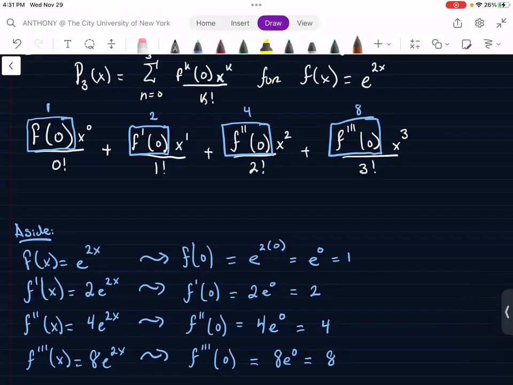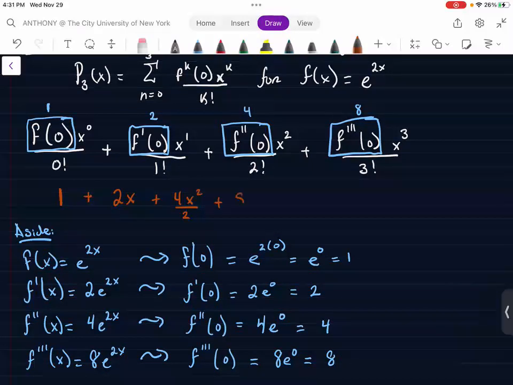So if we rewrite this accordingly, the first term is going to be 1 plus 2x over 1 factorial, which is still 1, so it's 2x. The next term will be 4x to the third over 2. No, sorry, 4x squared over 2, which you can, by the way, simplify as 2x squared if you like.